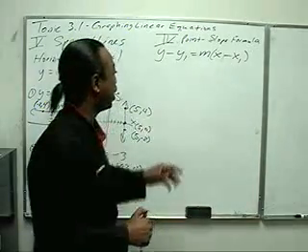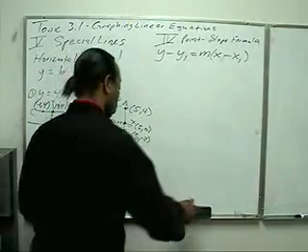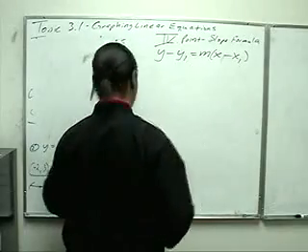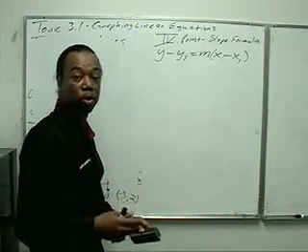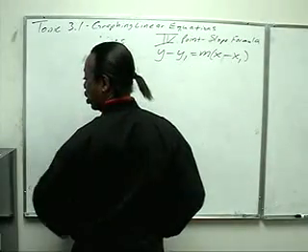So again, the idea here is to take a point and a slope and be able to develop a y equals mx plus b, that's slope-intercept form, or you can develop general form. So, let's take a look at that.